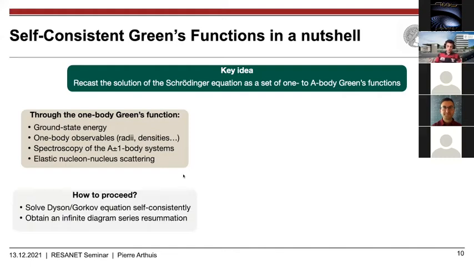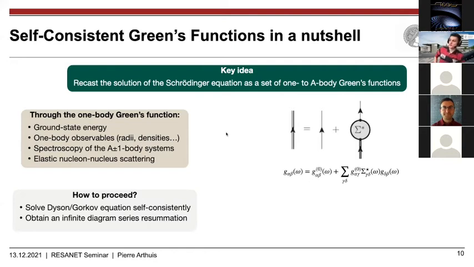Well, you solve your Dyson in the symmetry conserving case, or Gorkov in the symmetry breaking case, equation self-consistently, and you obtain an infinite diagram series resummation. That sounds pretty frightening, but if we just look at the equation and how it looks diagrammatically, you have your correlated one-body Green's function. So that is the very thing that you're trying to compute.